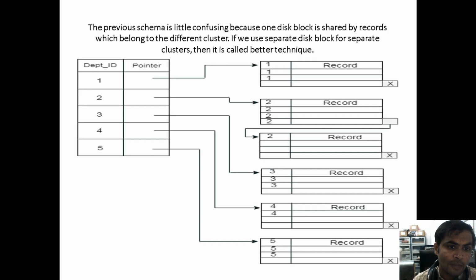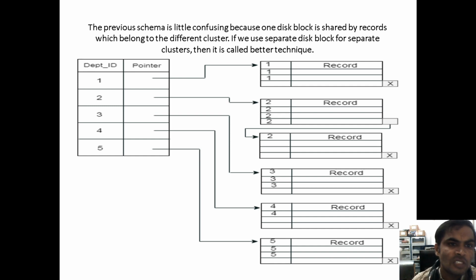Similarly, we can create up to n number of blocks under the indices. Now, for your understanding, I took the previous diagram. In the previous schema, and schema means the design of the database, the term schema means defining the structure of the table or object.